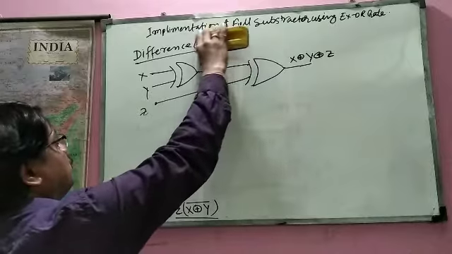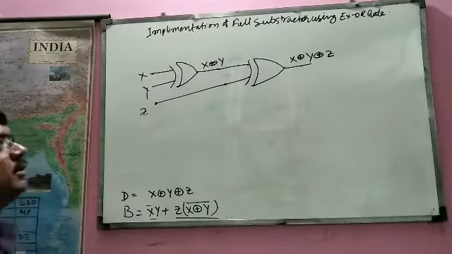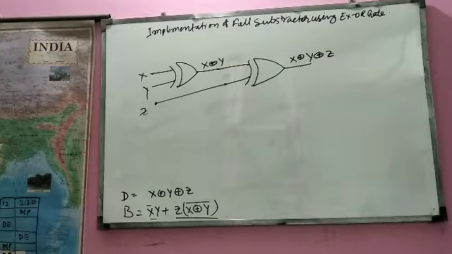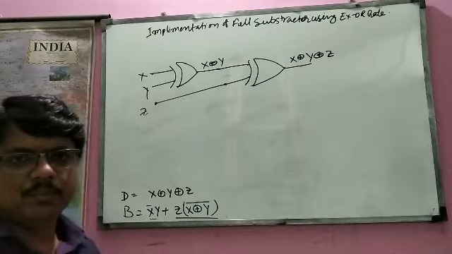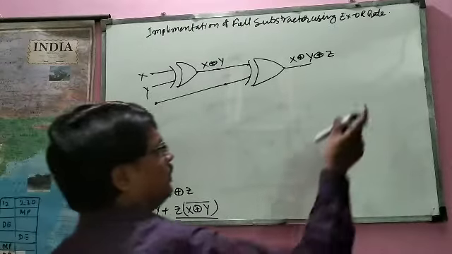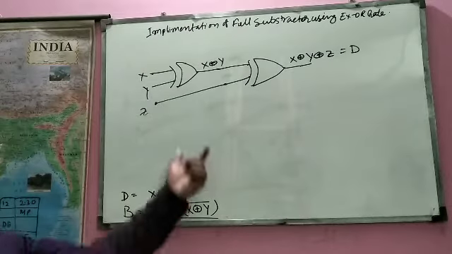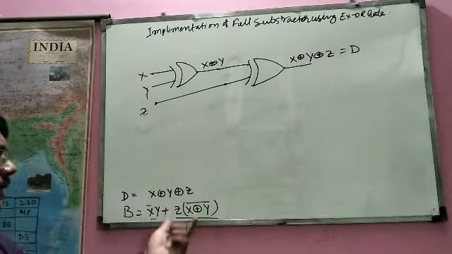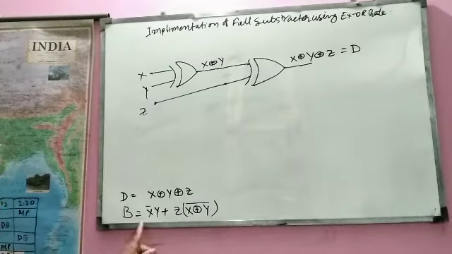The implementation of the full subtractor circuit means it will give the difference and borrow both. So it is already giving difference. So in this we will add some circuit to make this borrow.